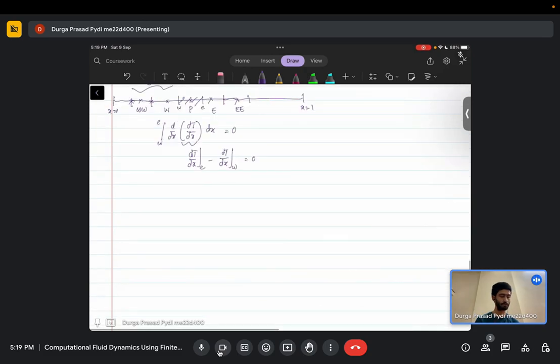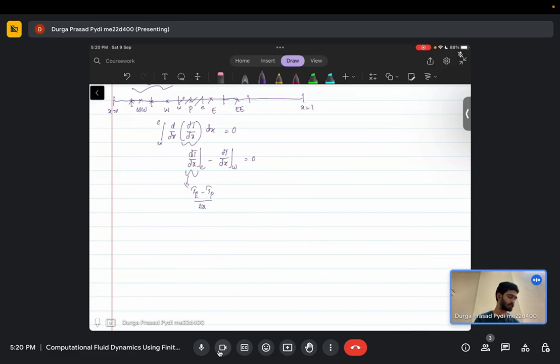What we have been doing till now to approximate dT/dx on the east face is a linear profile assumption, so dT/dx is taken as T east minus Tp by delta x. So we just take two cells and approximate the gradient with those two cell values.